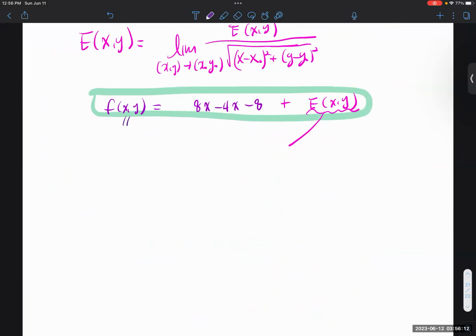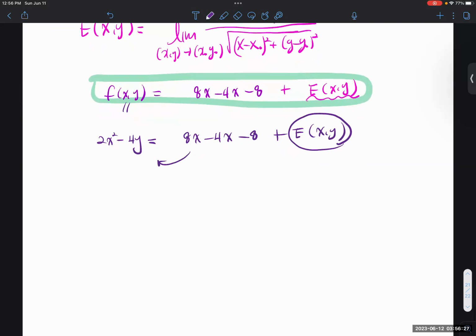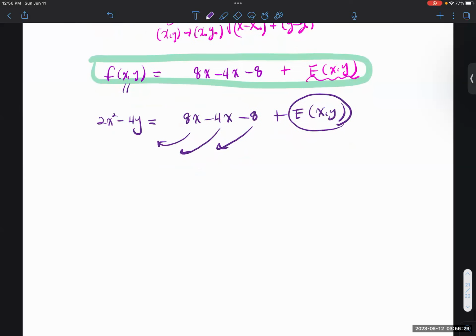So this is the same as 2x squared minus 4y equals 8x minus 4x minus 8 plus E(x, y). Let's solve for E. I'm going to bring this one to the other side. So 2x squared is going to be plus 4x minus 4y plus 8.